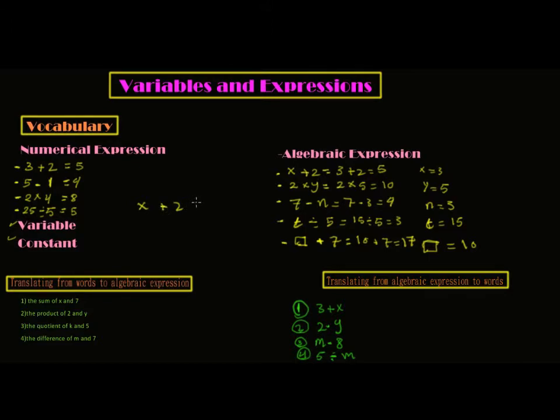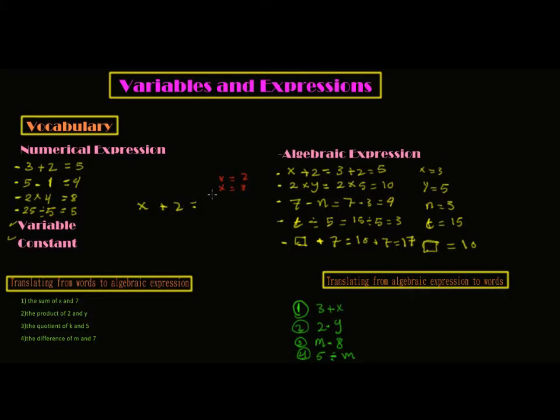So according to the x value, the answer will change. Let's take x equal, the first x will be 2, another x will be 3, and I have two values here for x.